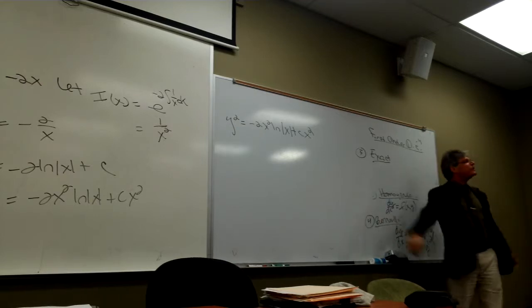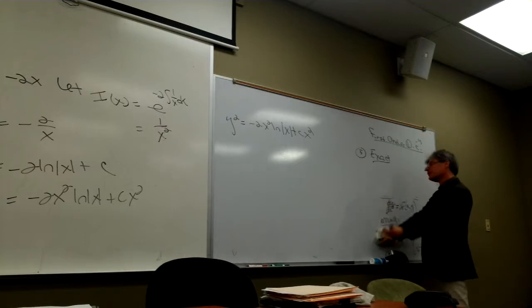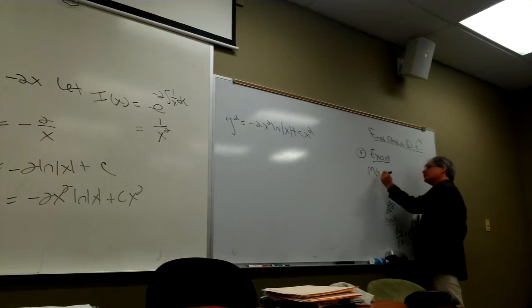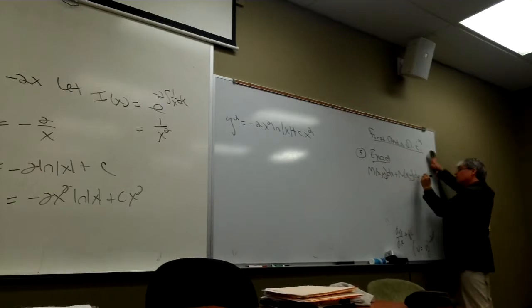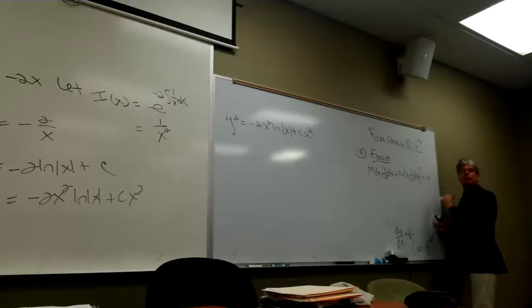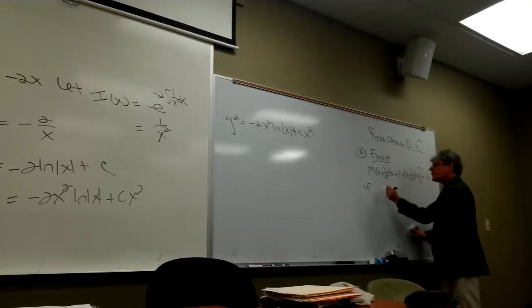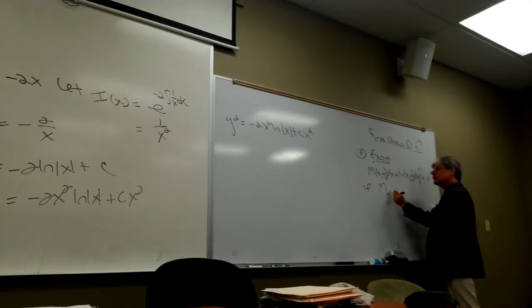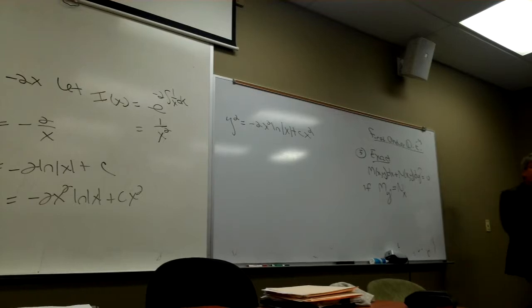Now, everybody, let's just suppose I had a differential equation of this form: some function in two variables, dx, plus some function in two variables, dy, being equal to 0. If it's the case that the partial of M with respect to y is equal to the partial of N with respect to x, then I'll subclassify this as an exact DE.